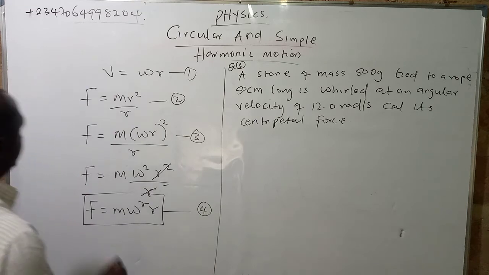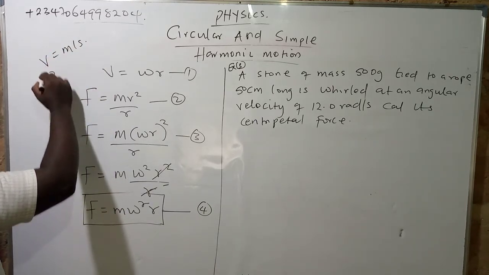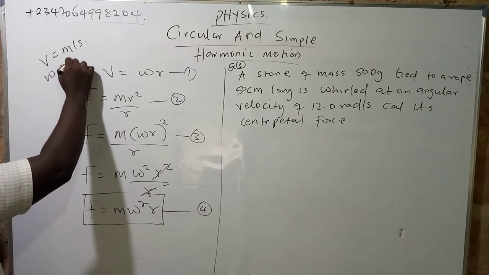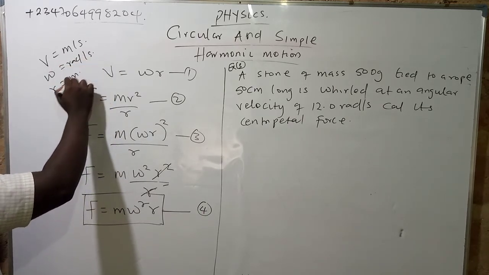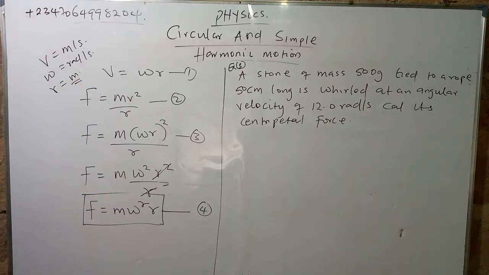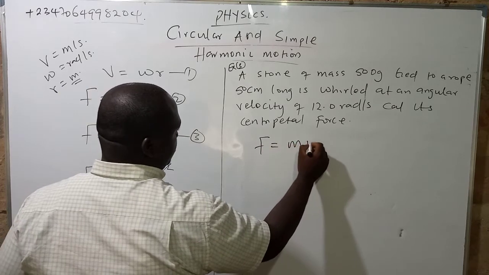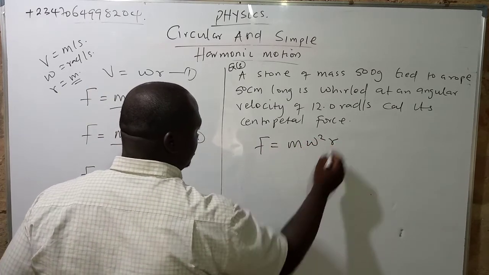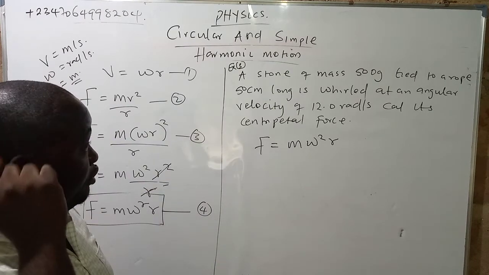Please note that the SI unit of velocity is meter per second, the SI unit of angular velocity is rad per second, and the radius is measured in meters. Please note it very well. So using my formula already proved, F is equal to mω squared r. Now all I need to do is insert into this formula, and the answer will flow naturally.